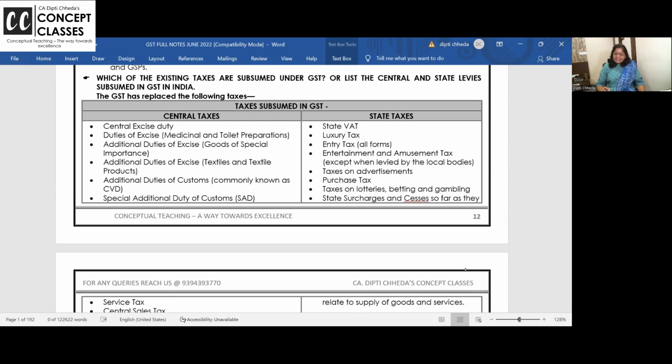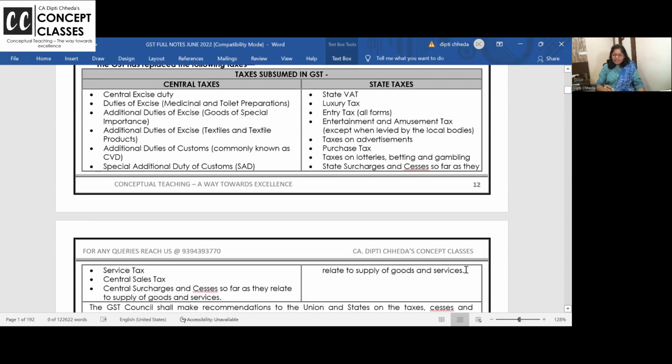So what are the taxes which are subsumed? This may be asked in MCQ somewhere. Excise duty is there on some products, tobacco, alcohol. Excise duty was charged by the manufacturer, and then central sales tax was charged on the price inclusive of excise duty, so there was a lot of inflation. I'll tell you the example.